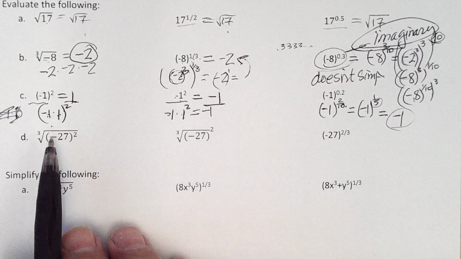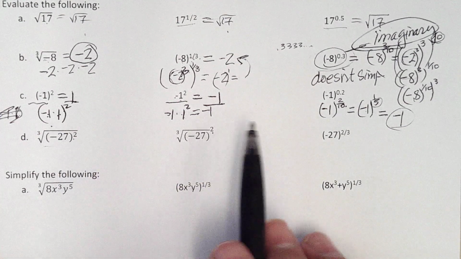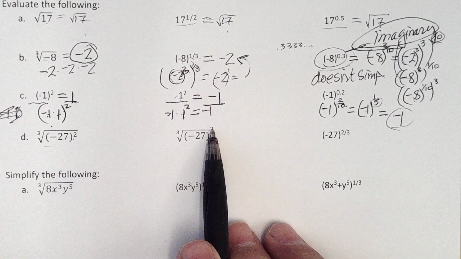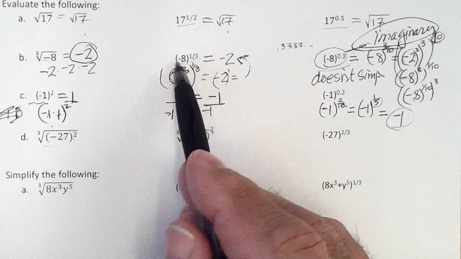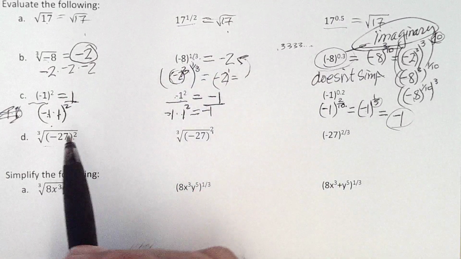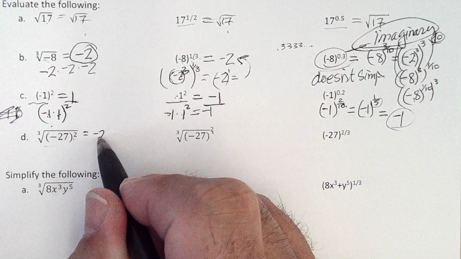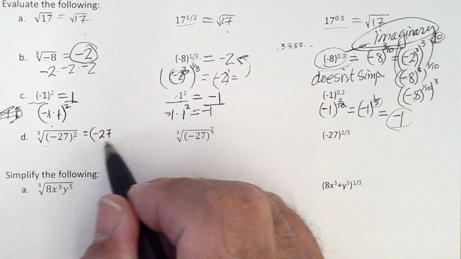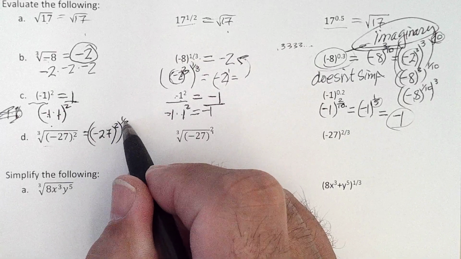Now, the point of this one is, does it matter whether the 2 is inside or outside? If you think of this in terms of the exponents way of looking at things, you can see that these are the same. It's negative 27 to the 2 to the 1/3.